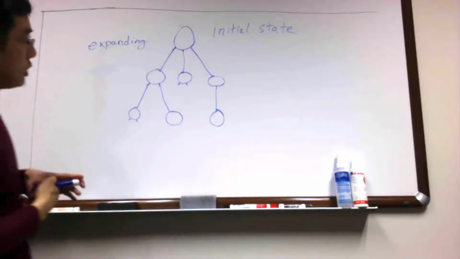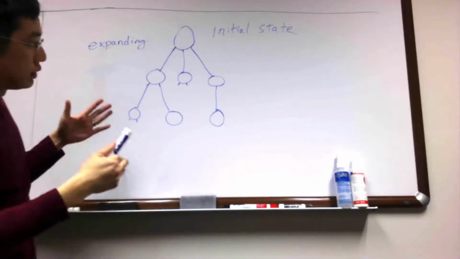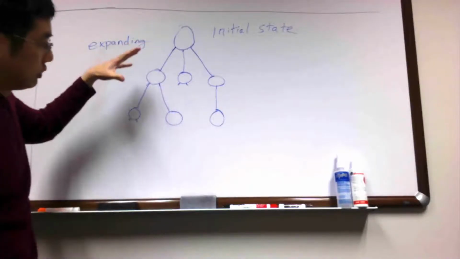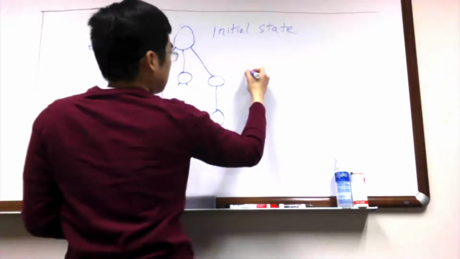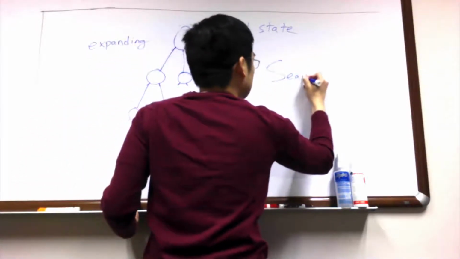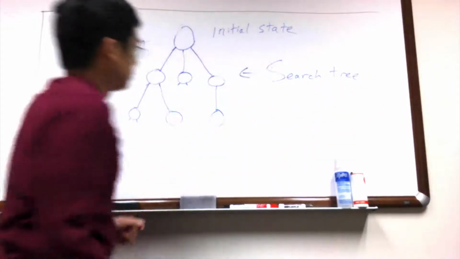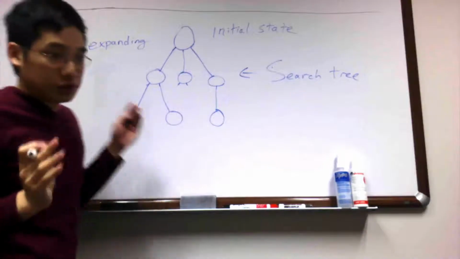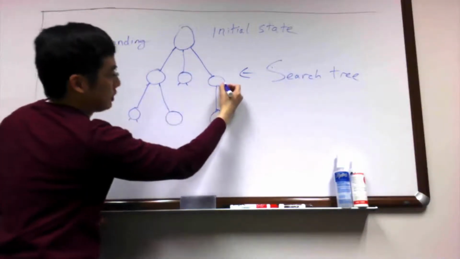So with this way of exploring, you end up building something that looks like this, which is called a search tree. So this is a search tree, and it borrows terminology from standard computer science views of trees, which is that here this is a parent.